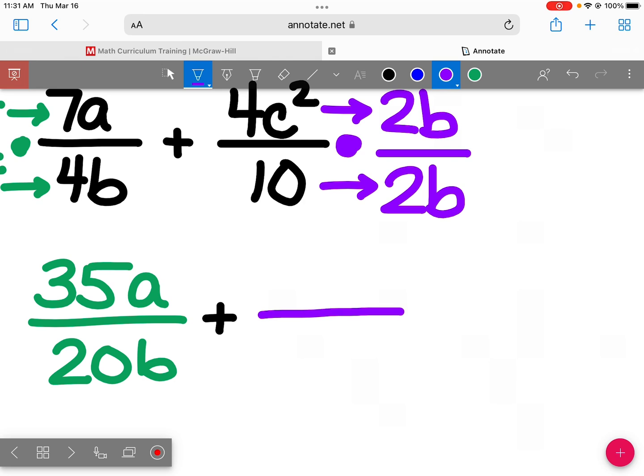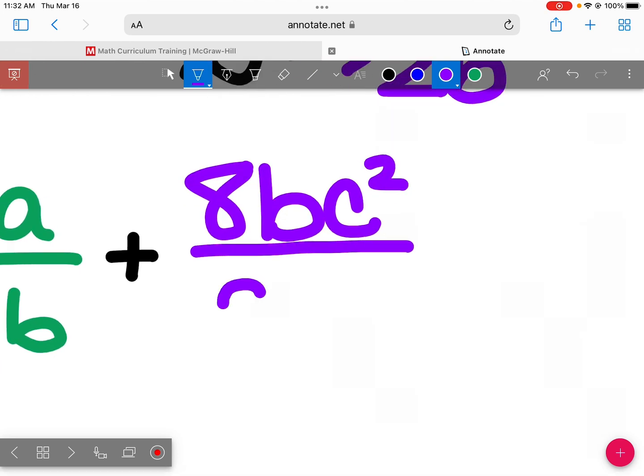What will the second fraction be, top and bottom? 8c squared b, or bc squared. I think on the McGraw-Hill, they want it in alphabetical order. If you're taking a test on paper for me, I don't care about alphabetical order. So 8bc squared over what? Over 20b.